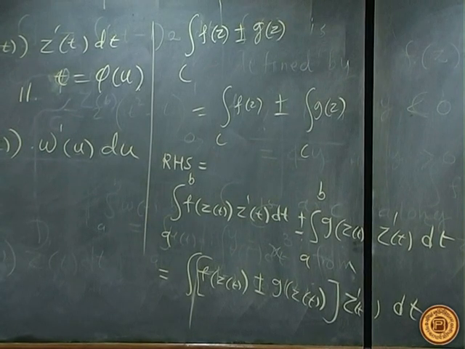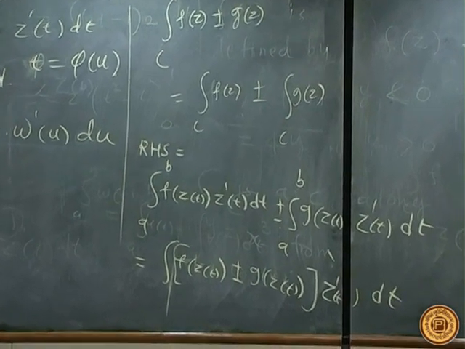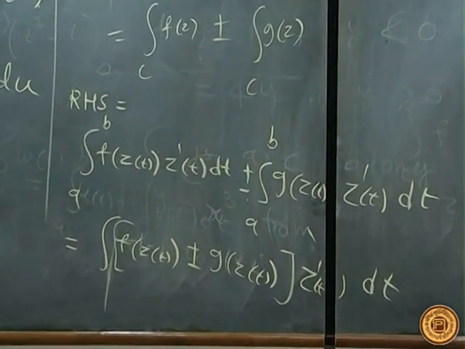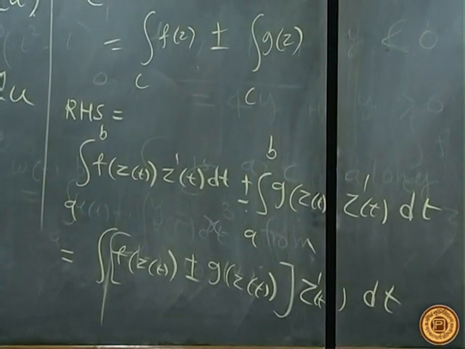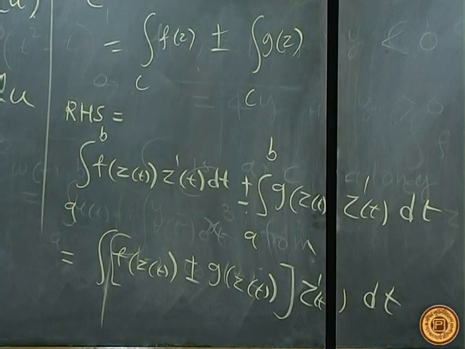Statement number 3 on your screen is the integral of z naught f(z) equal to z naught into the integral of f(z). That also should be obvious. So now you just go through the proof. I will not speak anything for 1 minute.